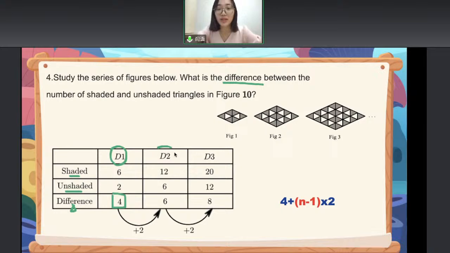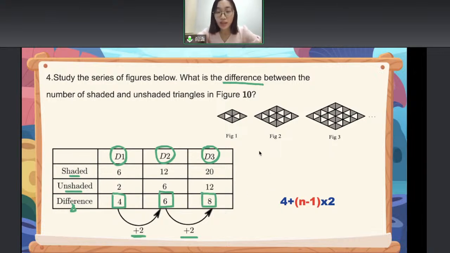And when it comes to the second figure, we need to plus 1, 2. It is just like the interval problem, right? So that is 4 plus 2, only one 2. And when it comes to figure 3, how many 2s do we need to add? 1, 2. So actually that is 2 times 2. And then you can get 8.